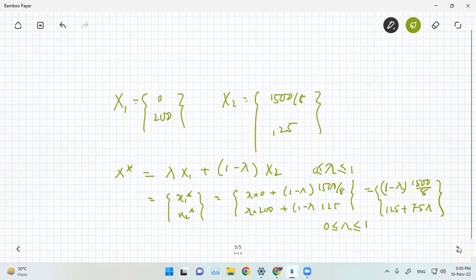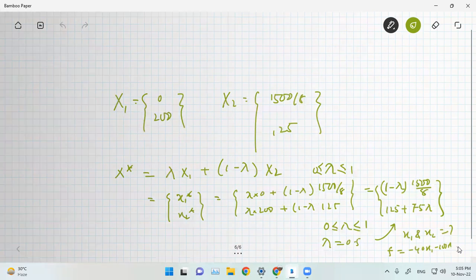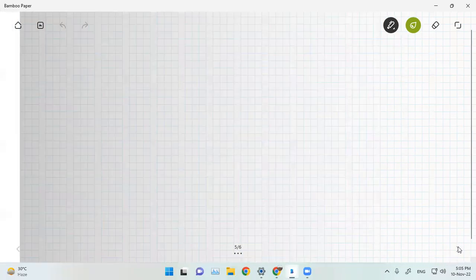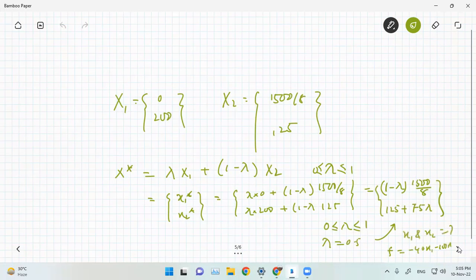you can experiment with different values. Say arbitrarily take lambda equal to 0.5, plug in the value, figure out the x1 and x2 values, and plug into the function minus 40x1 minus 100x2. You're going to see that for any value between 0 and 1, whatever value you choose, you're always going to get f minimum equal to minus 20,000.